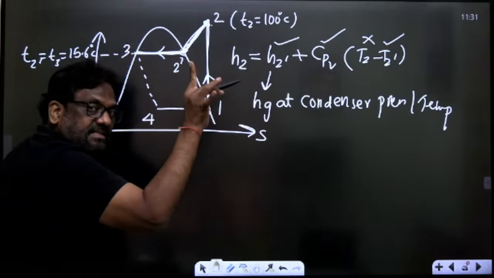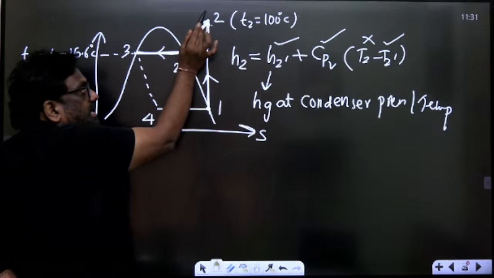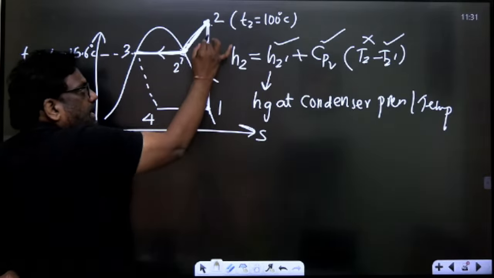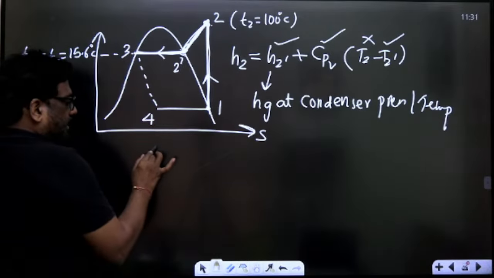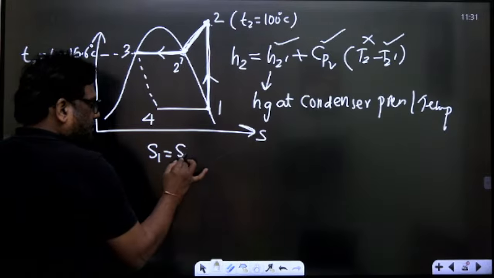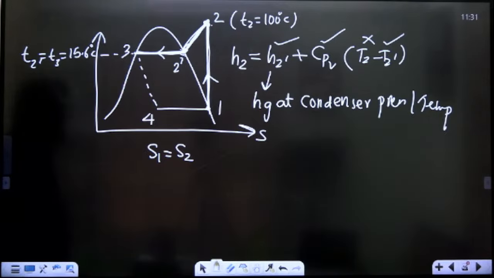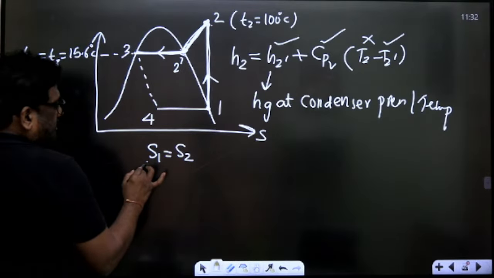This question can also come, to calculate the compressor discharge temperature. Please note down: what is entropy at 1 and 2? 1 to 2 is isentropic, so S1 will be equal to S2. So you tell me what is S1?